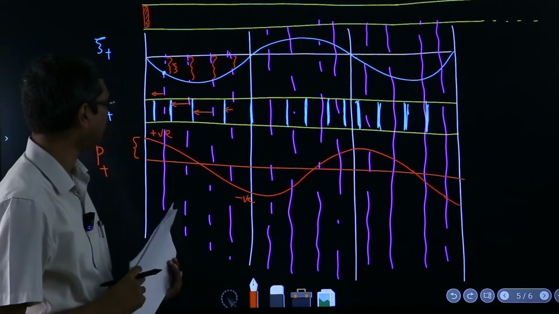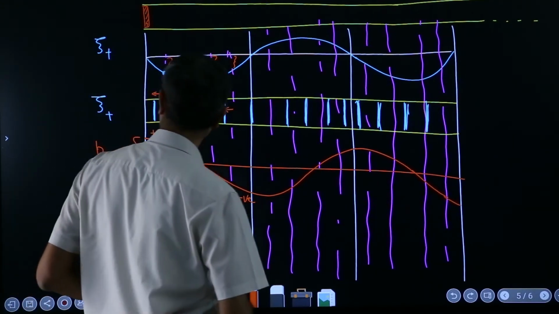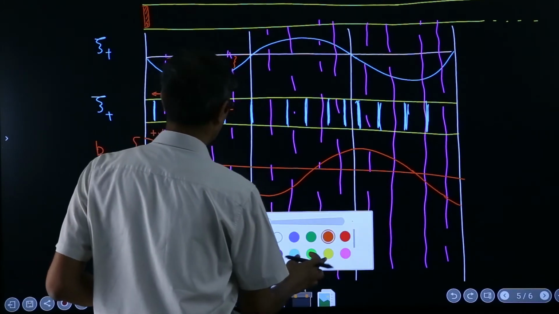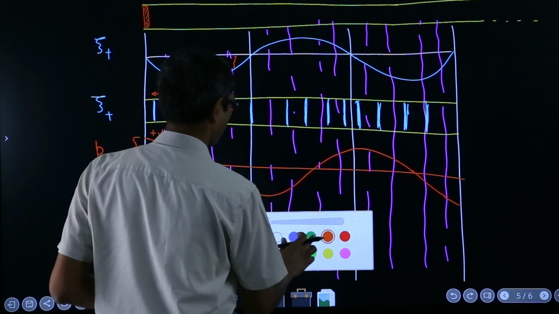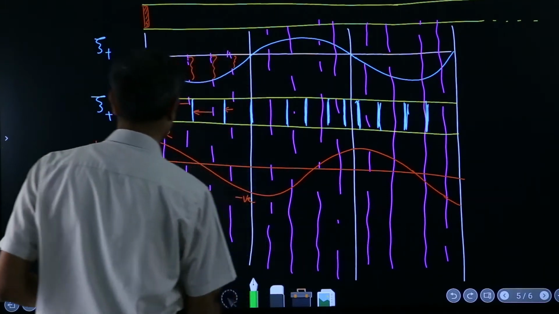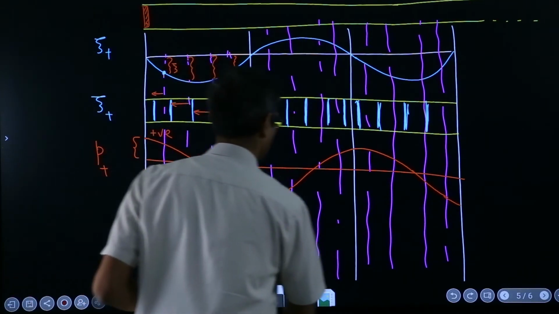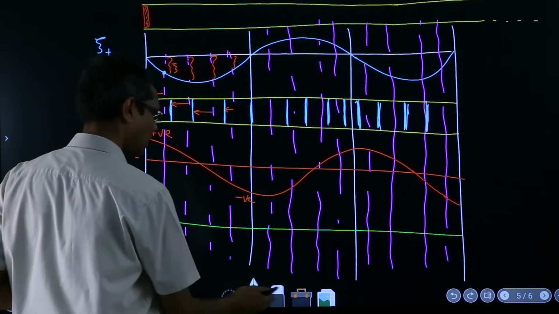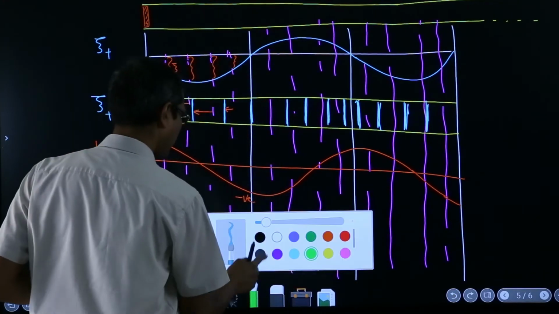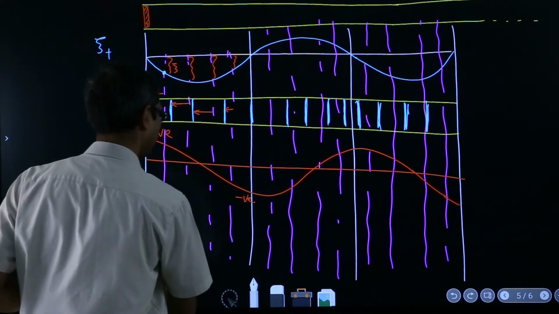And what about then the velocities? Okay. I'll draw with the white color here, and then I'll draw the vectors in green.